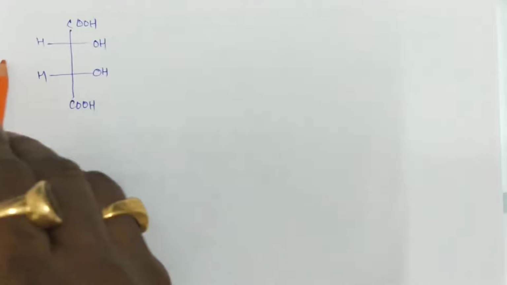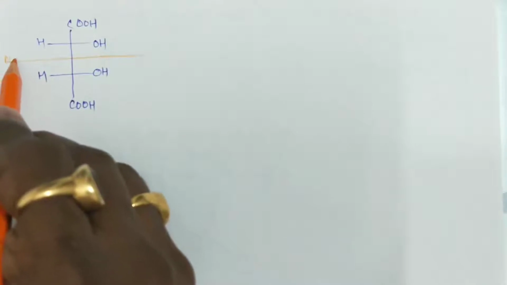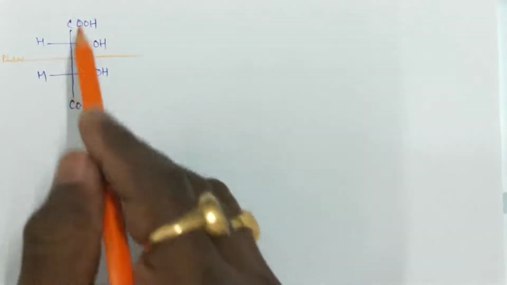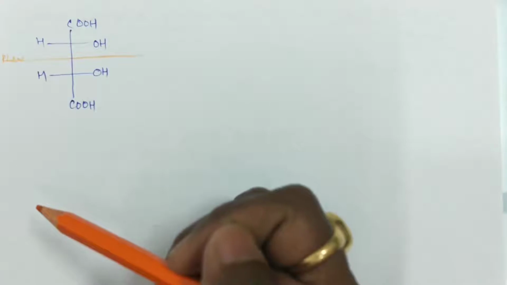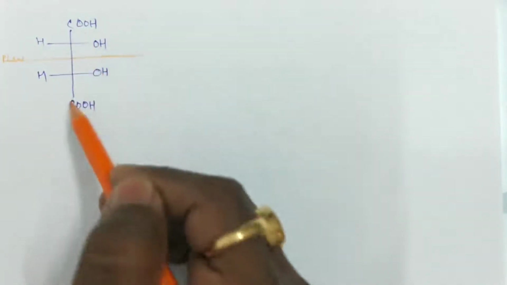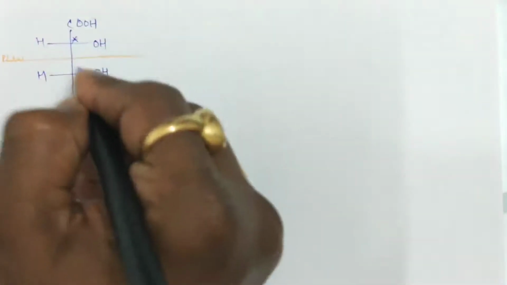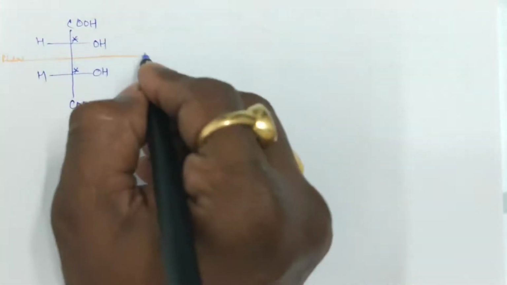See, if you pass an imaginary plane from here, what do you get? This plane bisects this molecule into equal halves, and both are mirror images of each other. So this molecule has stereogenic carbons, and it has a plane of symmetry.